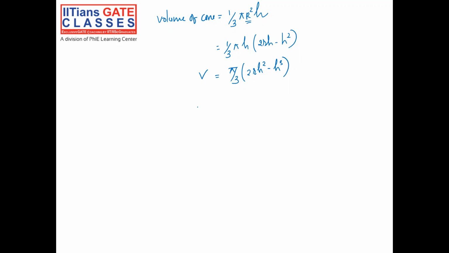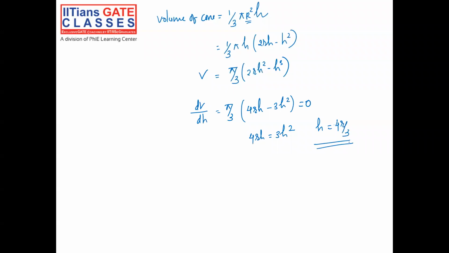If we differentiate this volume with respect to height and equate it to 0, we'll end up with pi by 3, which is a constant term, times (4rh minus 3h square) equal to 0. And we can say now 4rh is equal to 3h square, and we'll end up with h is equal to 4r by 3.